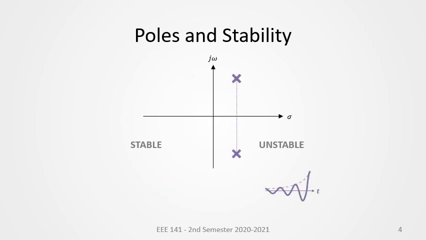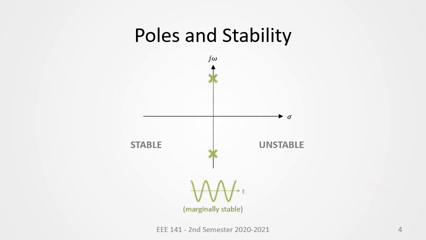A complex conjugate pole at the right half plane will contribute an oscillatory term with an exponentially growing envelope, such an unbounded behavior is considered unstable. If the pole is located along the real axis at the right half plane, the output will be exponentially increasing and is thus still considered unstable.